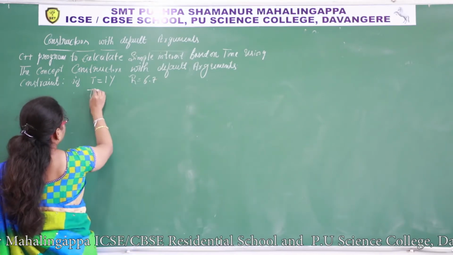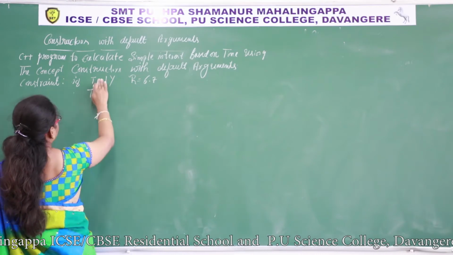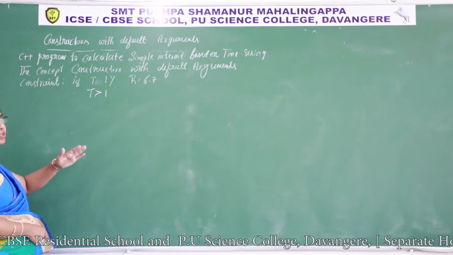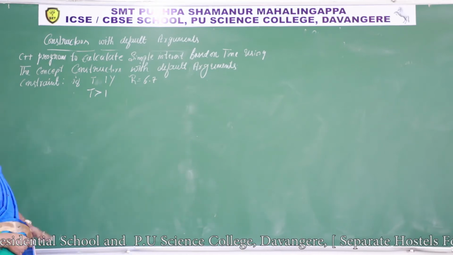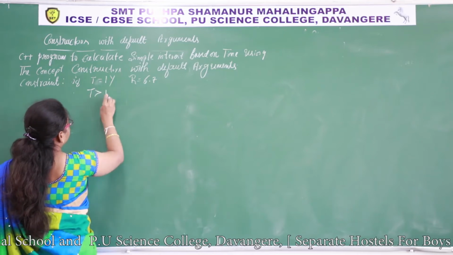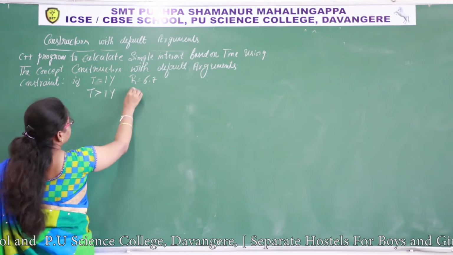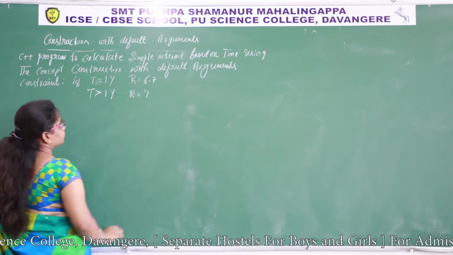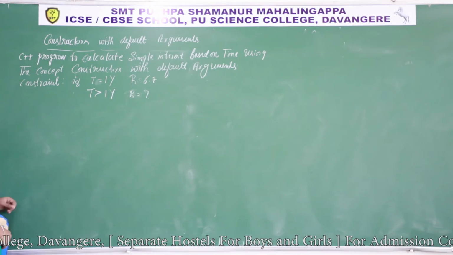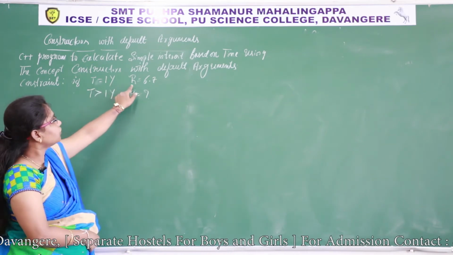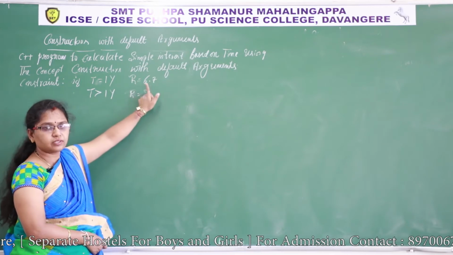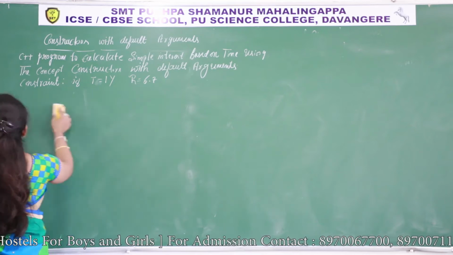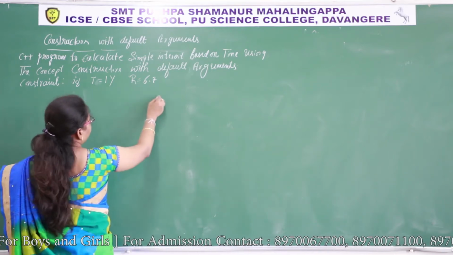If time is greater than 1 year, and here we have to give 1, 2, 3 years, not number of days, then the user has to input the rate. Or we can write: if time is equal to 1 year, then the default rate of interest is 6.7. Otherwise, it's understood the user has to input the rate of interest. So this is the default value.